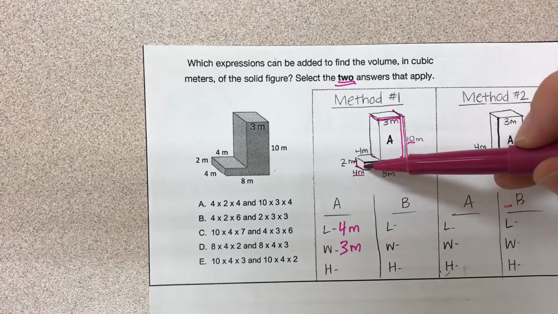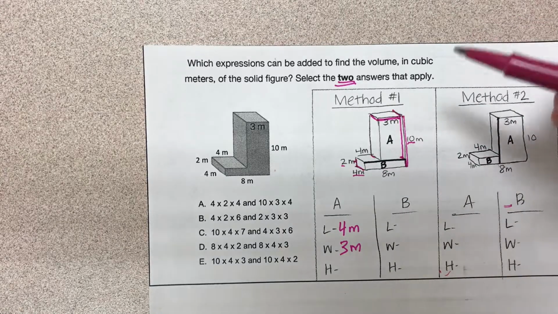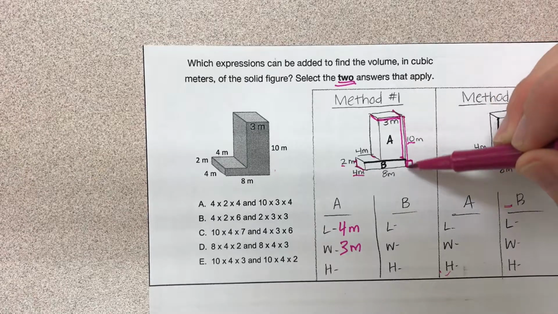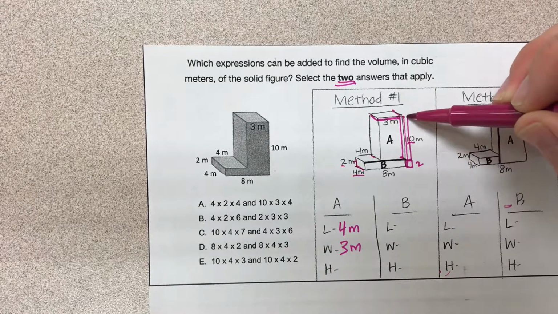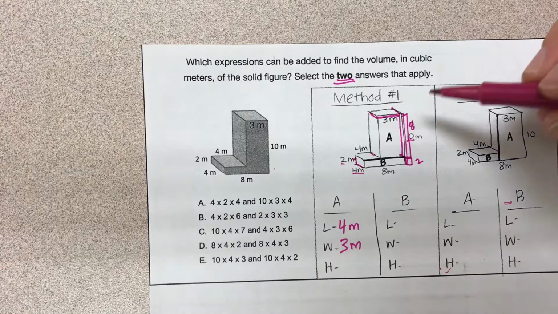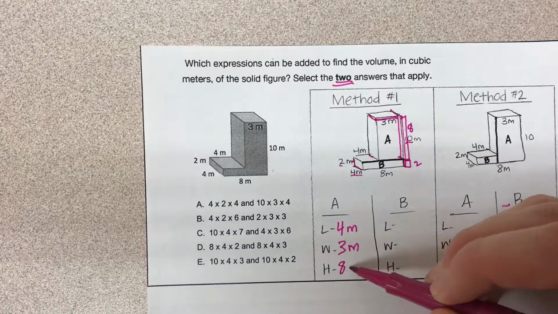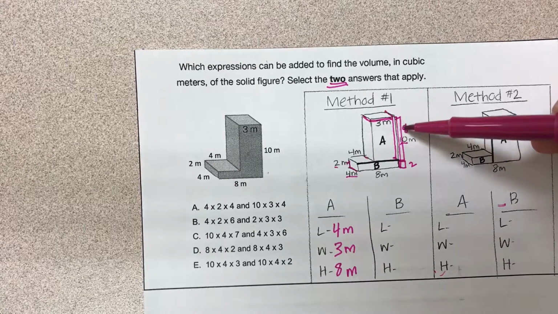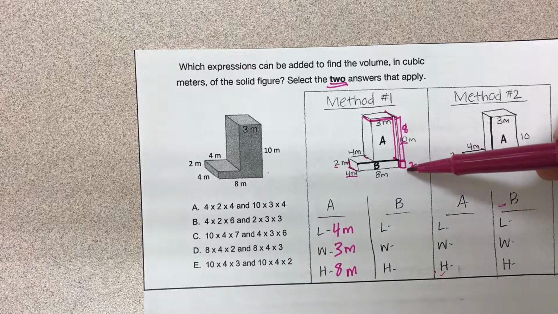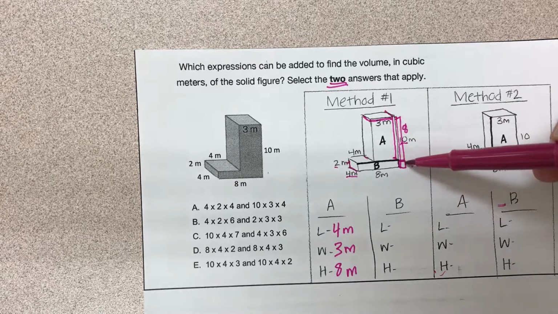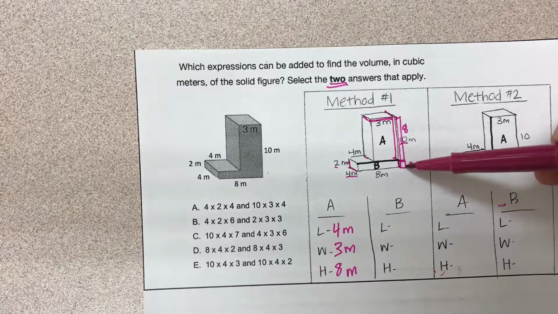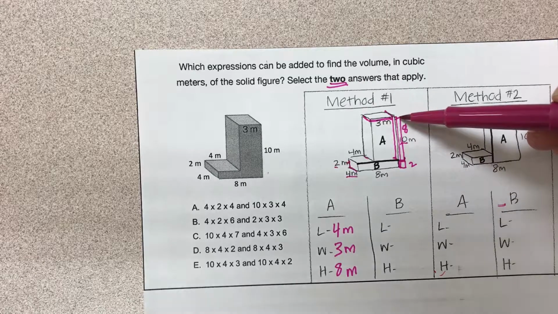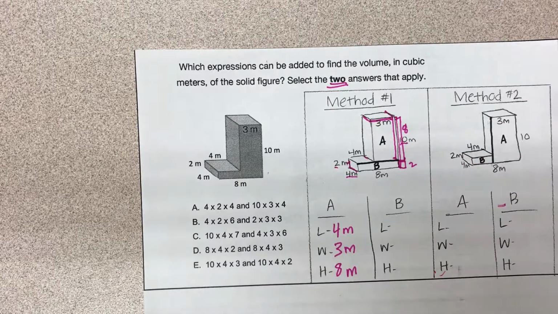So this is 2 meters, this is 2 meters, and this is 2 meters. So if this part is 2 and the whole thing is 10, that means this section up here must be 8. So my height is 8 meters. Again, this whole side of the figure is 10. This bottom section where B is 2 meters high. So that means the rest of the way up must be 8 meters if the entire thing is 10. Okay?